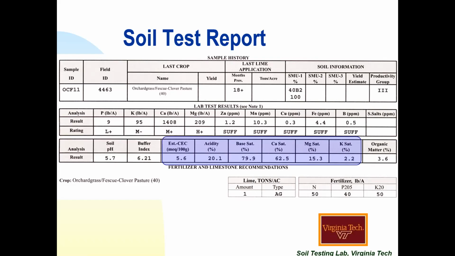You can see the ratio there, but it's not used. We don't use or subscribe to the base cation saturation ratio, because on soils with low cation exchange capacity, you can end up with potassium deficiencies. So we subscribe to the sufficiency approach and making sure that you have enough pounds per acre of your nutrients to get a good yield.